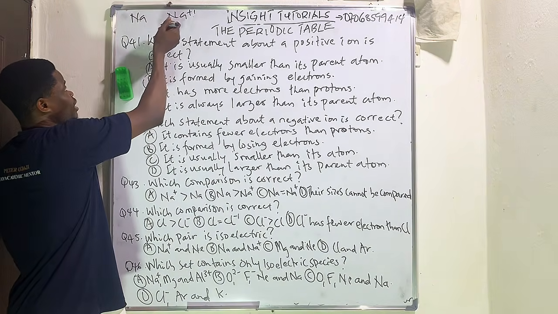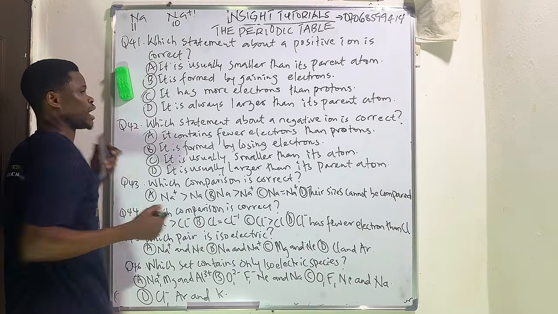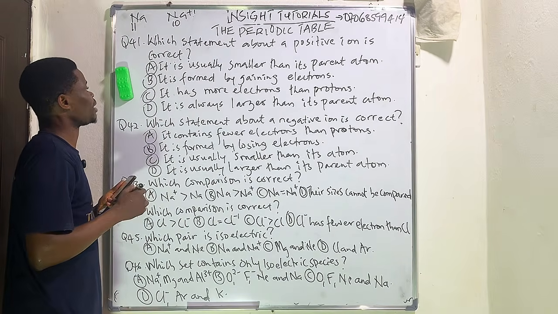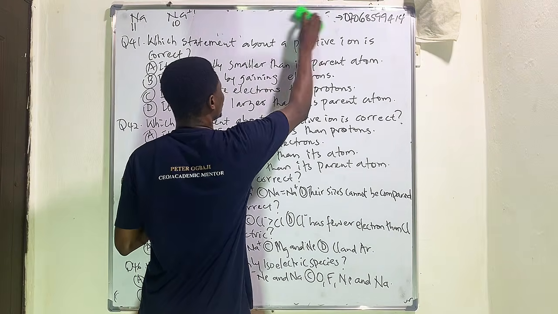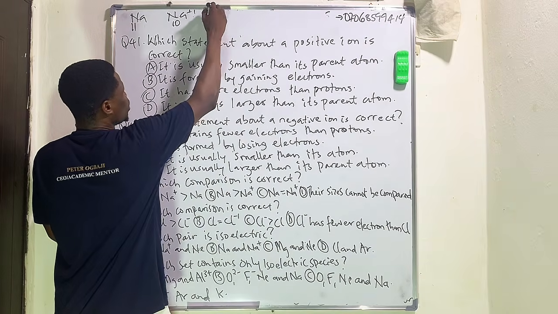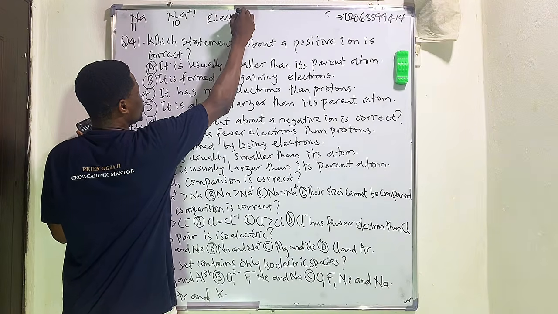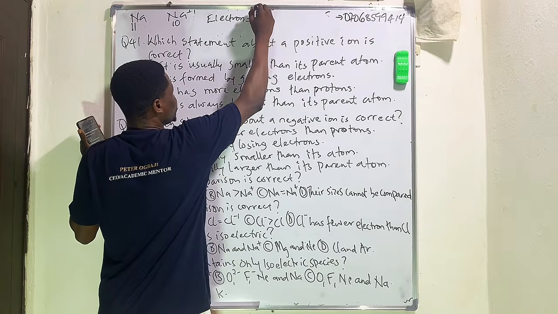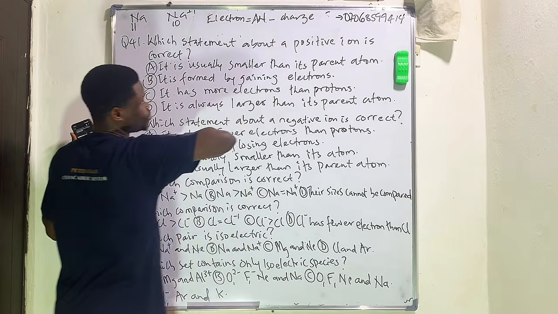How many electrons are in sodium? There are 11. How many electrons are here in the ion? It is 10. How is it 10? It loses one. So the general formula you need to apply in terms of calculating the number of electrons is the atomic number minus the charge.